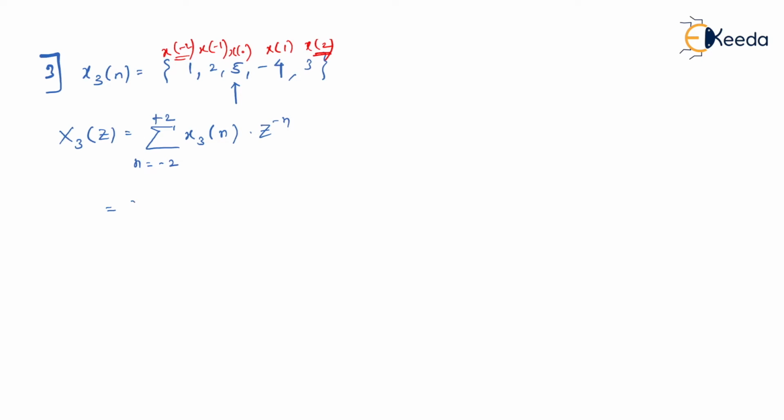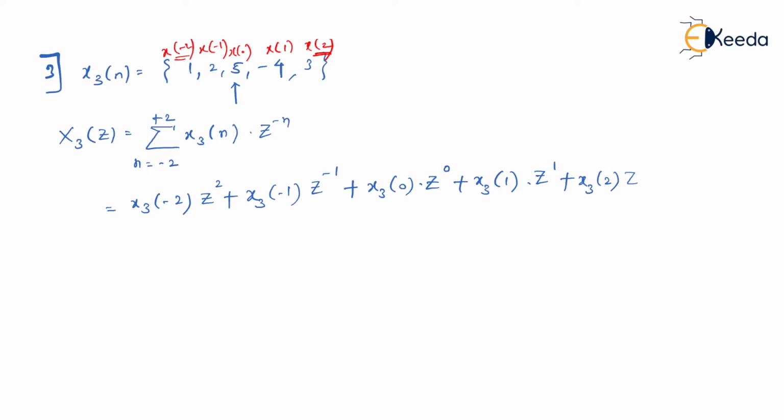Now I can write this as x3 of minus 2 z squared plus x3 of minus 1 z to the power 1 plus x3 of 0 z to the power 0 plus x3 of 1 z to the power minus 1 plus x3 of 2 z to the power minus 2. So this is where we have substituted the limits.